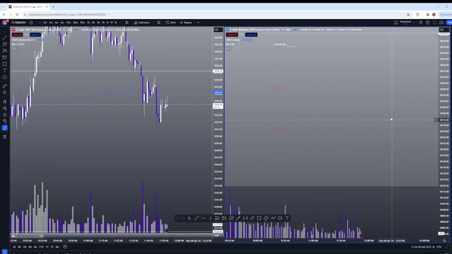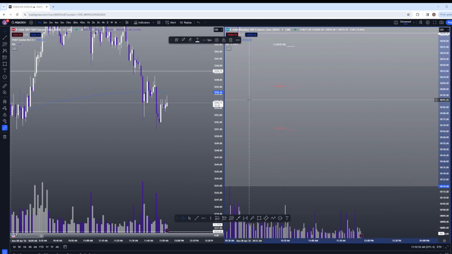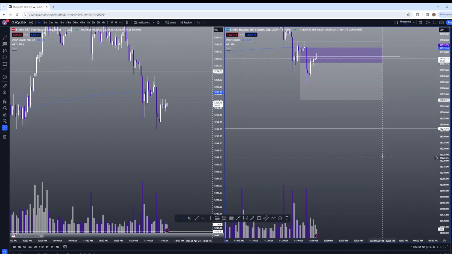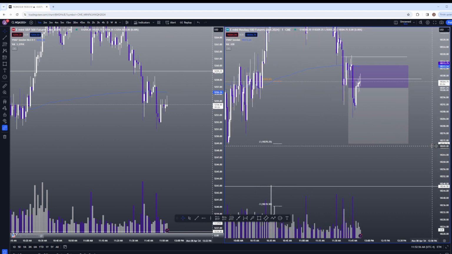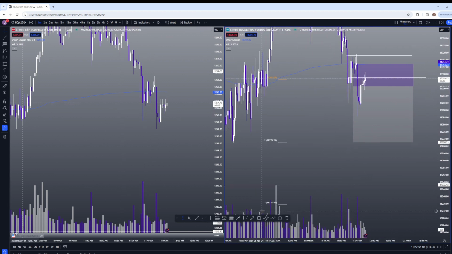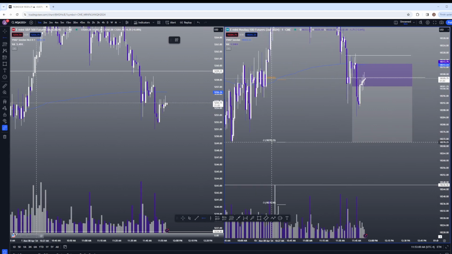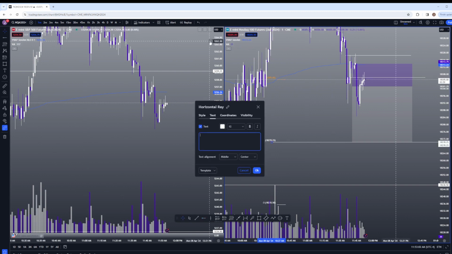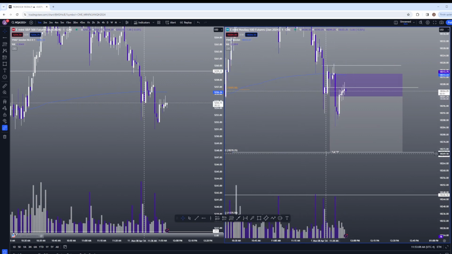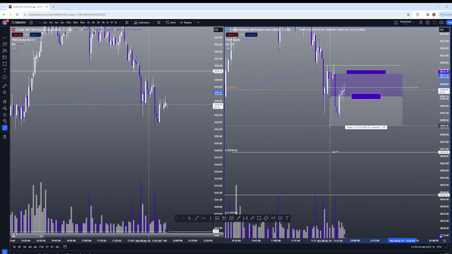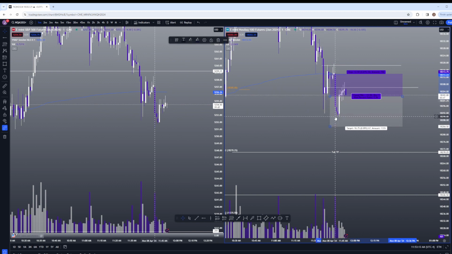Let me get rid of this here. Okay, so this would be the TP level I'm looking for. If price comes down and takes out this low, that would probably be a good first TP.